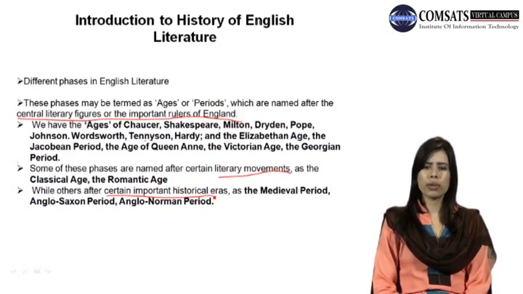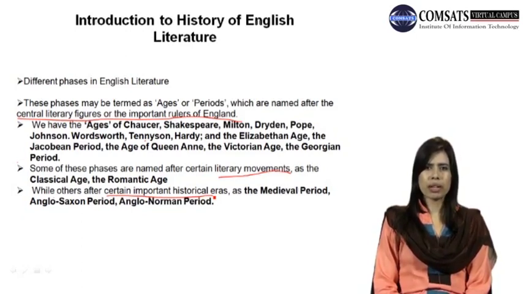So my dear students, here you can see that we give a period name after central literary figures or the important rulers of England or the literary movements. Their names are dependent upon the literary movements, or they are based on certain important historical eras as well.